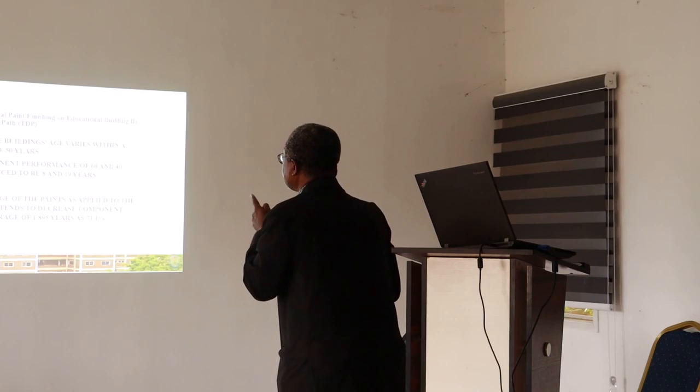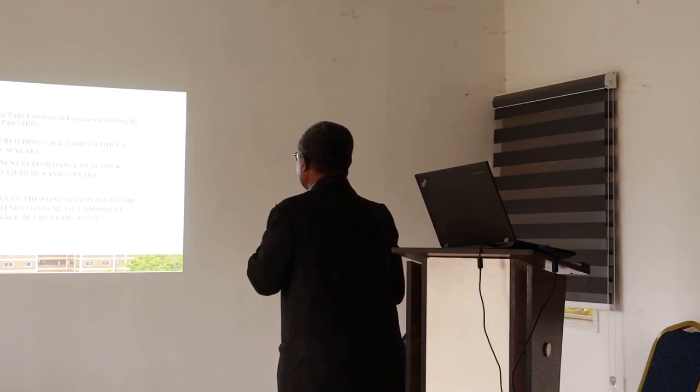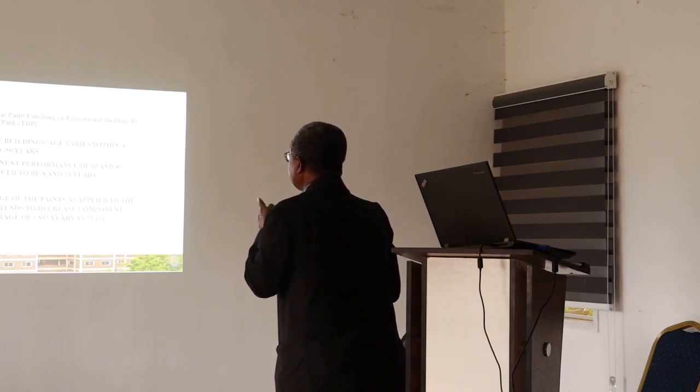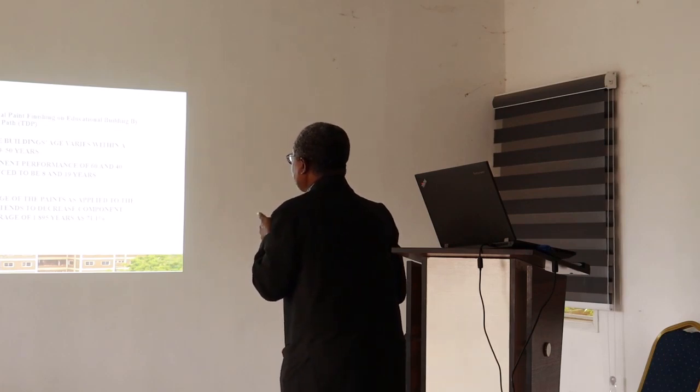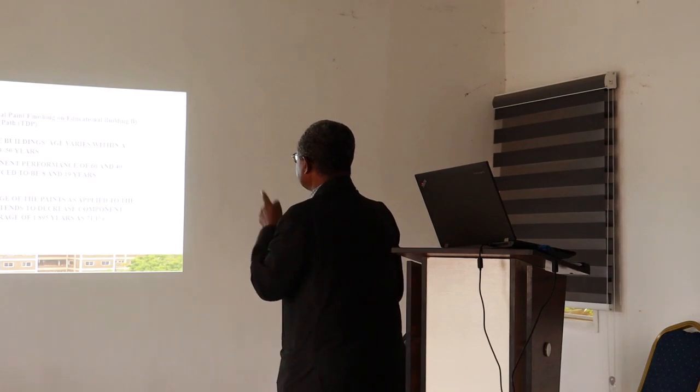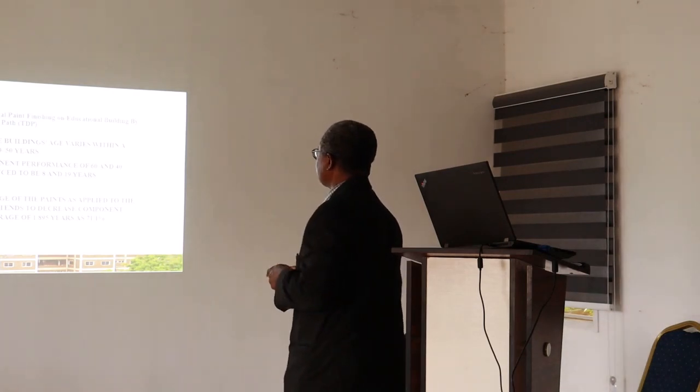Which means that a unit increase in the age of paint as applied to educational buildings tends to decrease the component performance by an average of 1.85 years, at 71.1%.